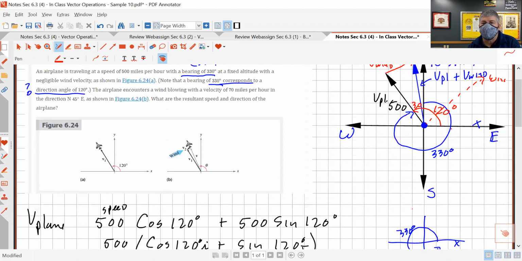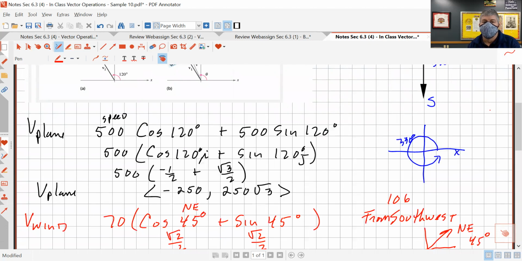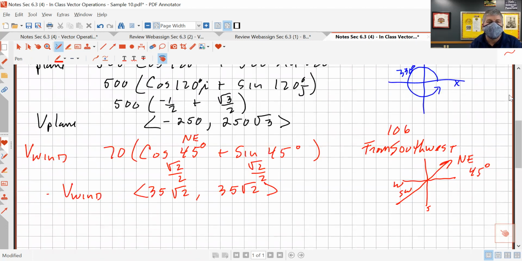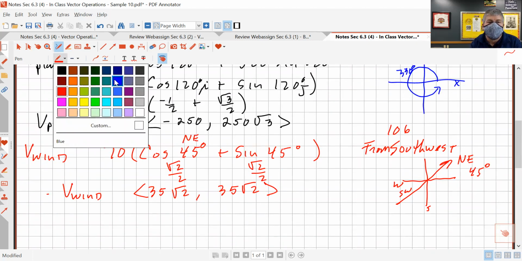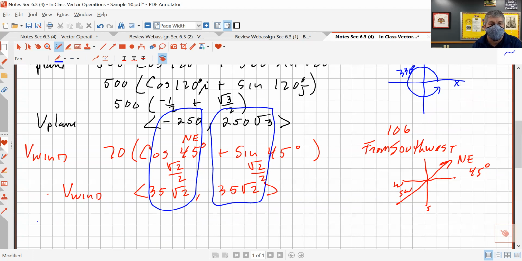So we've got our two vectors, right? We've got our vector of the plane, the black vector, and our vector of the wind, the red vector. We want to find the resultant vector, or the plane plus the wind. All that is taking our two x coordinates and our two y coordinates and creating a third vector.